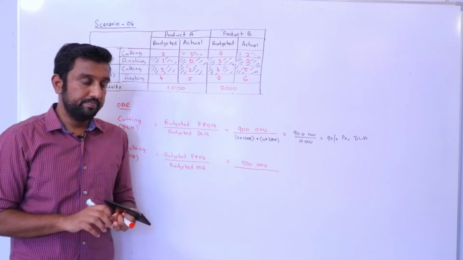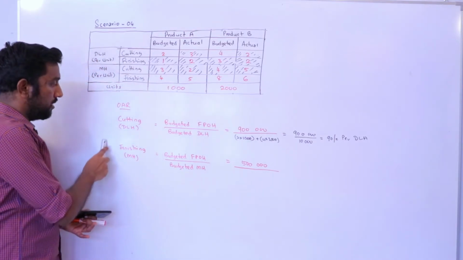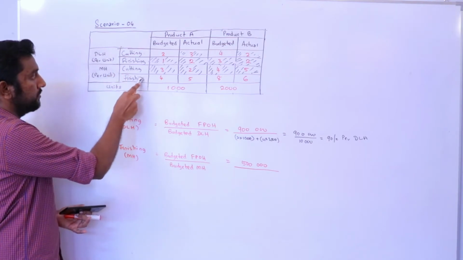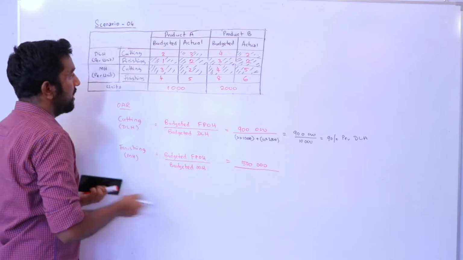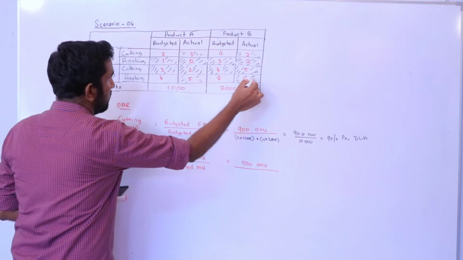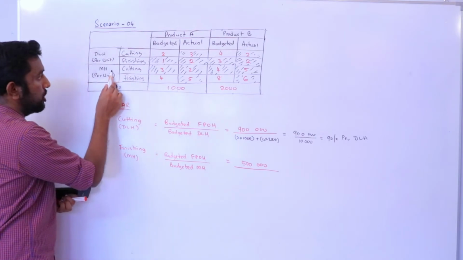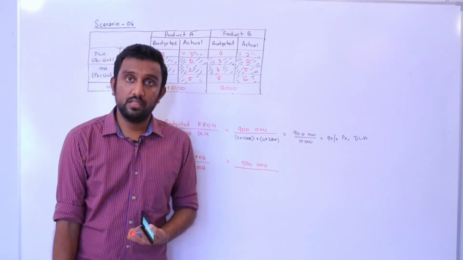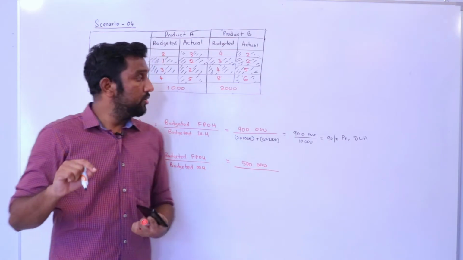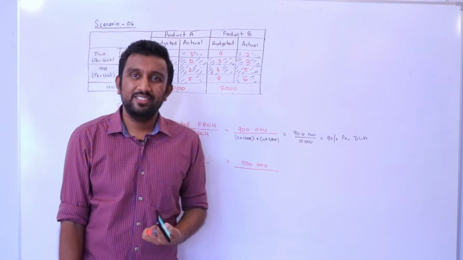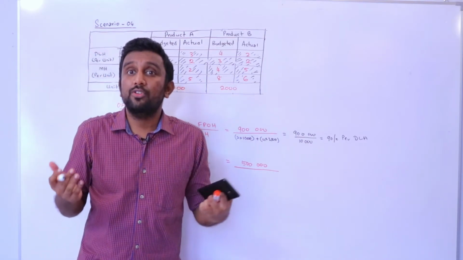Now the second one: the finishing department, machine hours. We have budgeted 4 and 8. The other values are not needed now. You can't put 12 there, because that would be per unit. You can't put 4,000 only, because that means only product A, but we are producing both.